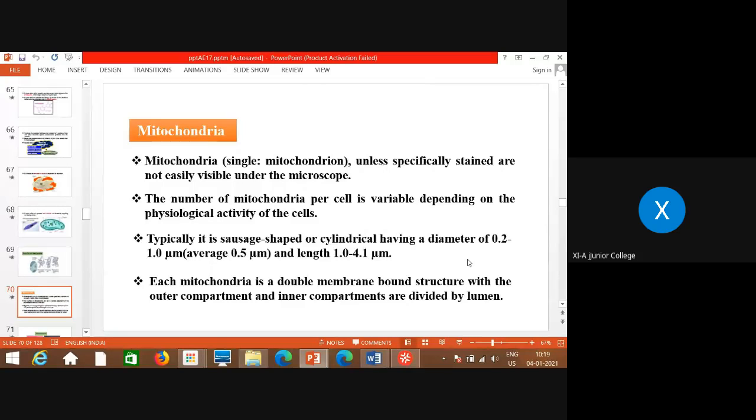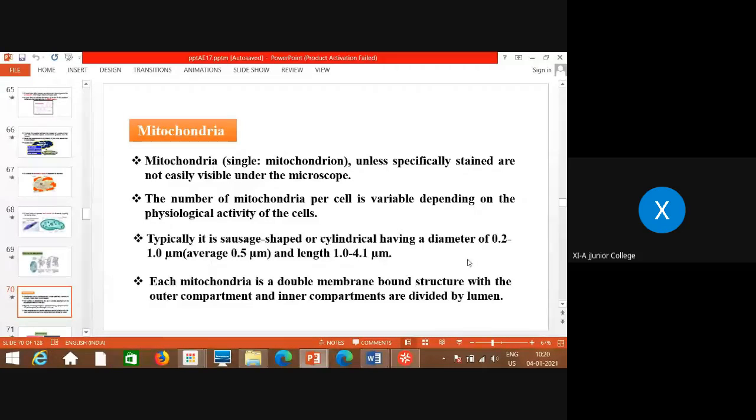In eukaryotes, mitochondria play a very important role. Unless specifically stained, they cannot be seen under a simple compound microscope. So they are to be stained, and then only they are visible under the microscope. Now, the shape, size and number vary from cell to cell.